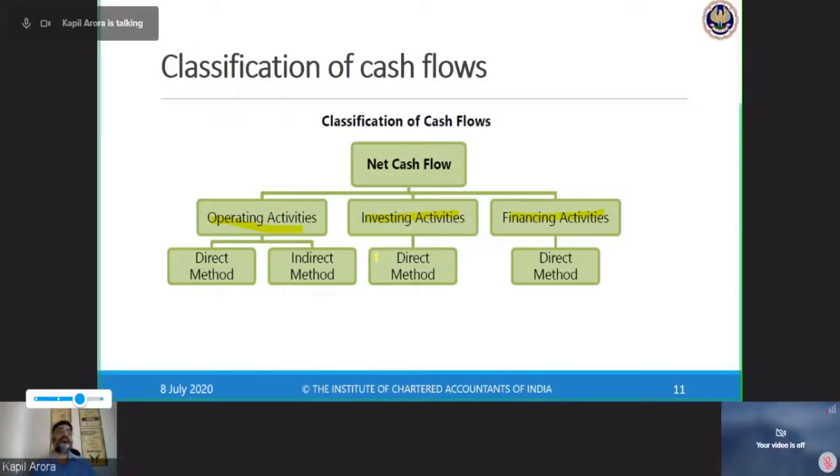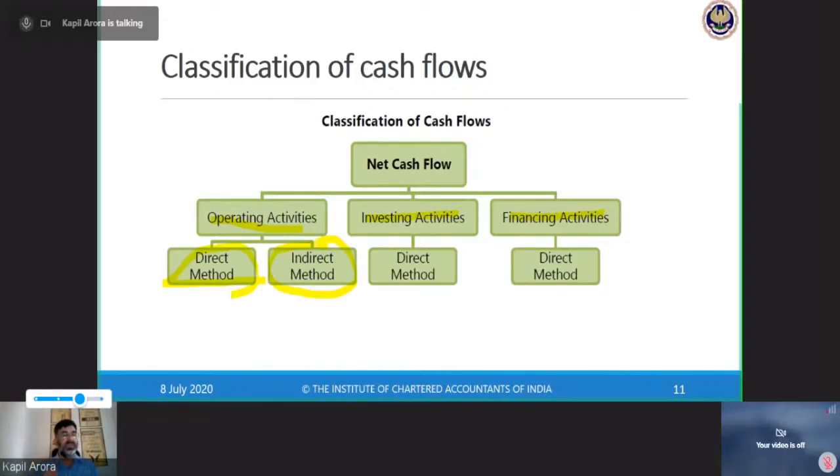However, for operating activities, we follow two methods. One is the direct method. Another one is the indirect method.